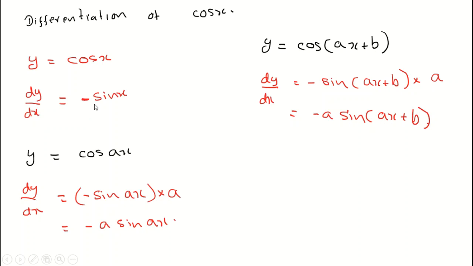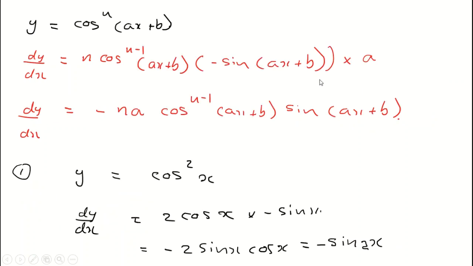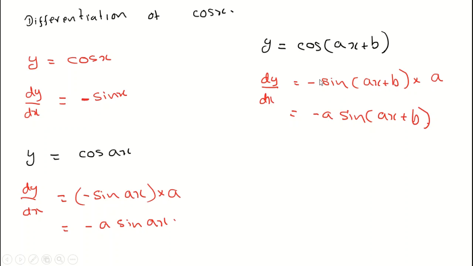Remember this minus sign. All the other things are exactly the same as what happened in the sine. Cos ax means minus sin ax into a, so minus a sin ax. Cos of ax plus b means minus sin of ax plus b into a, so minus a sin of ax plus b.